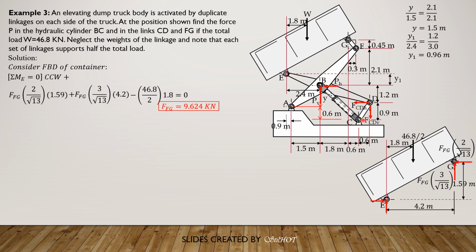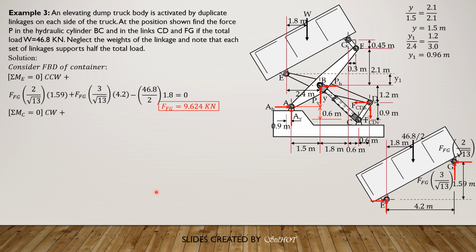So these forces P and FCD pass through C. If we sum up moment about C, then we can solve the horizontal and vertical components at A.